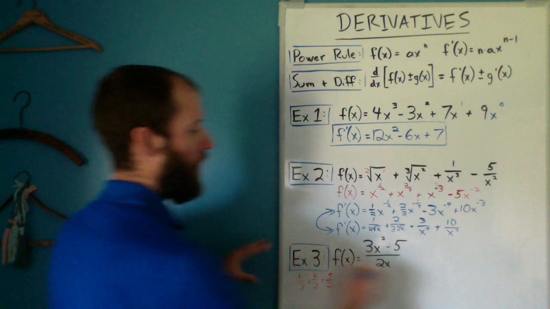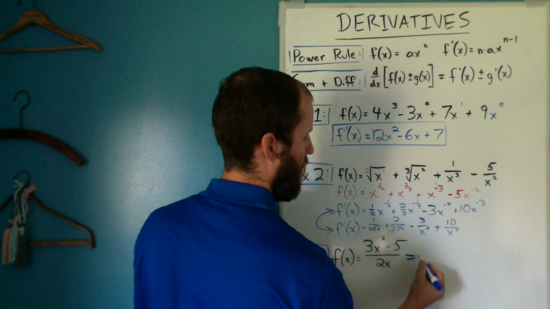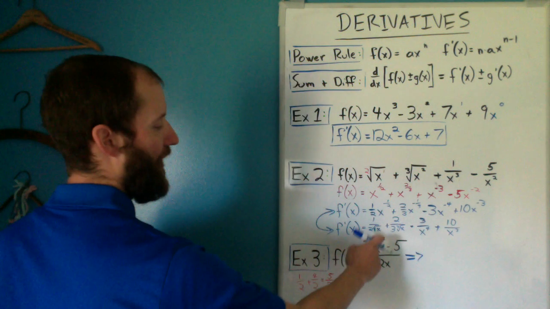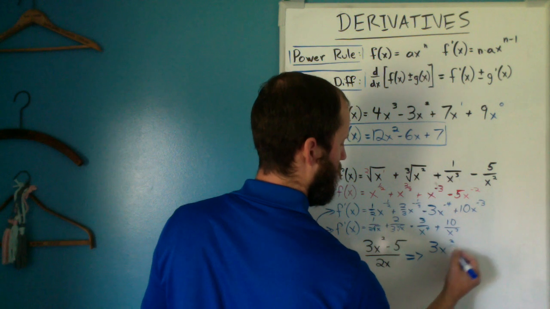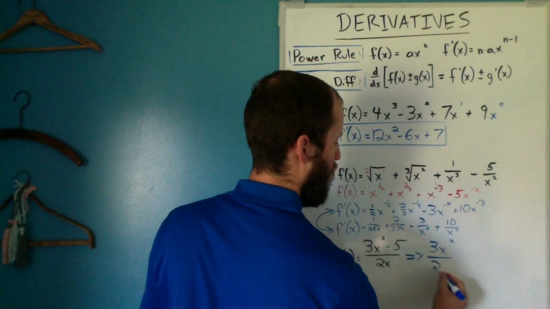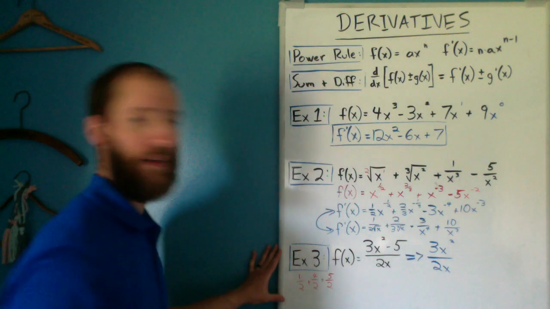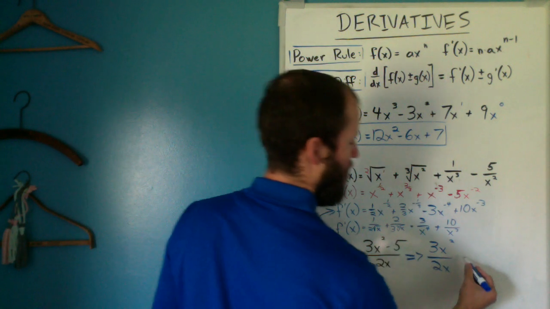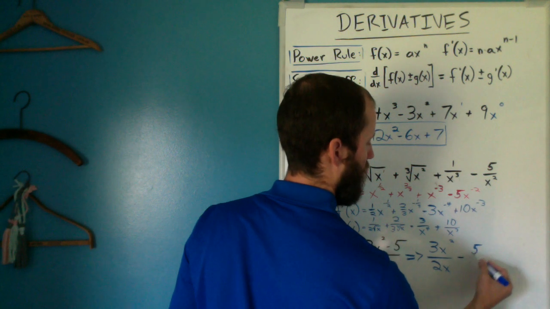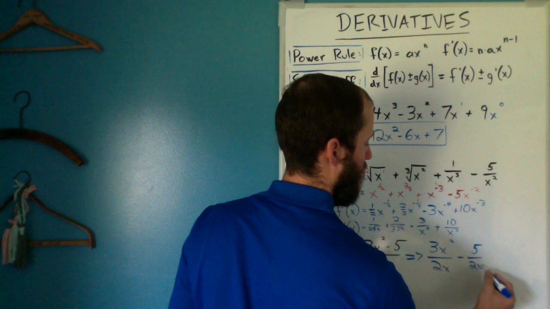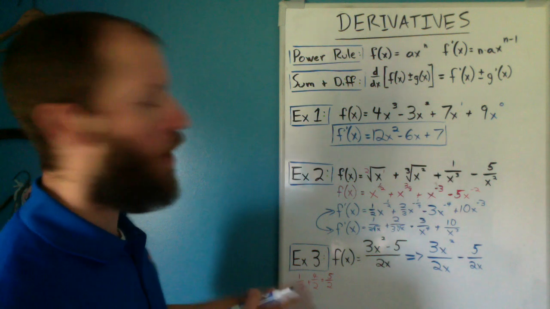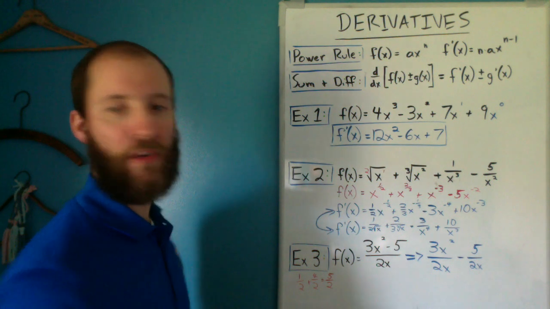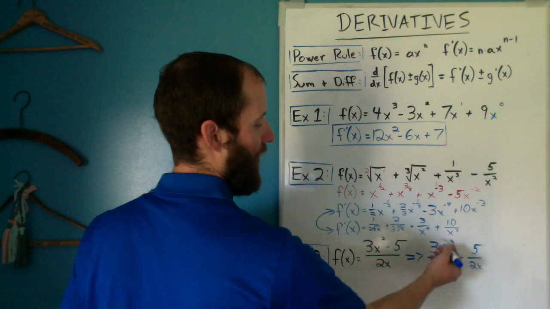All right? So to rewrite this, we can say this 3x squared, let's put that over 2x. And this negative 5, let's put that over 2x. And now we can do a little bit of simplifying, rewriting, okay? We have some x's we can cancel out here.